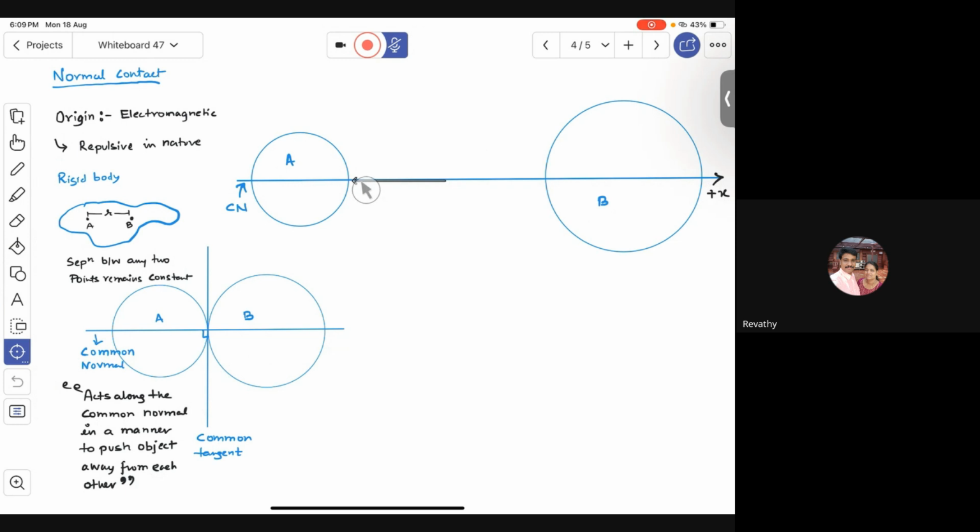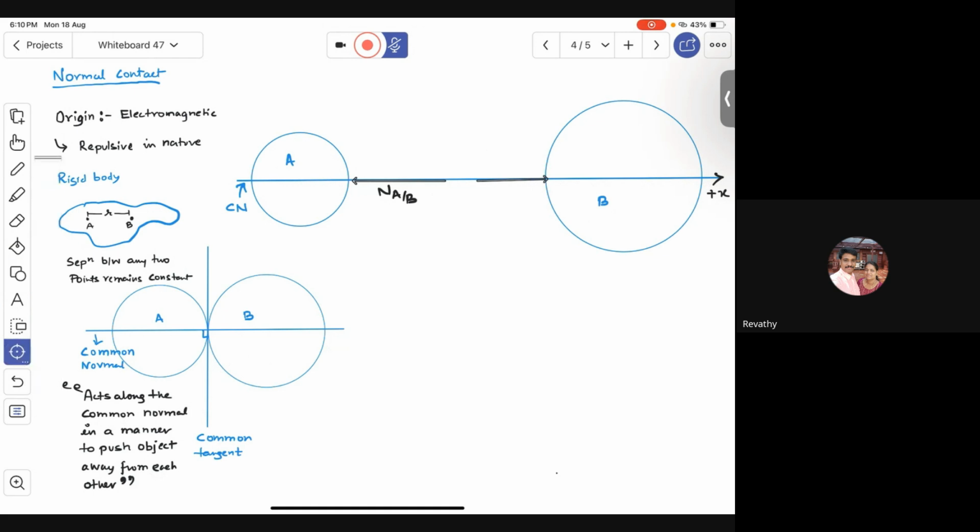Either left side or right side. But which way must it act on A? In a manner to push A away from B. So towards the left. This normal contact force on A applied by B, I will call N A/B, the normal contact force on A applied by B. The same will be acting on B, its reaction.